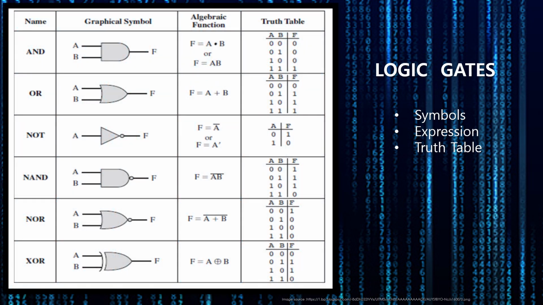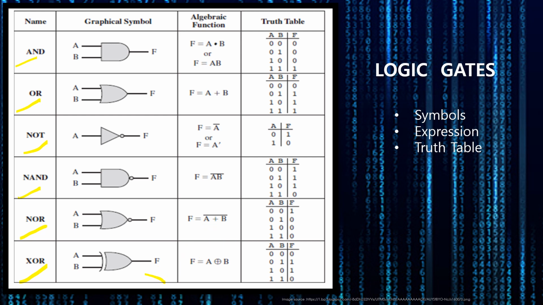Here in the diagram you can see 6, but there are a total of 7 logic gates. First is the AND gate, then OR gate, NOT, NAND, NOR, XOR, and last, which we have not mentioned over here, is the XNOR gate, that you can learn after learning all these gates. We'll see it one by one.